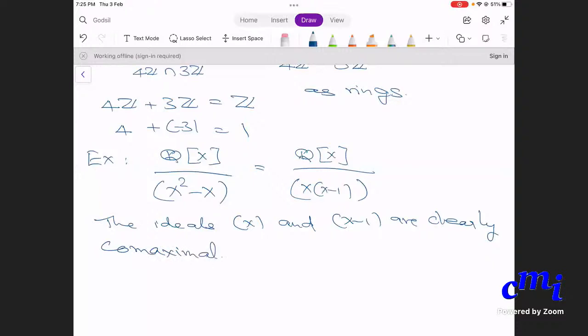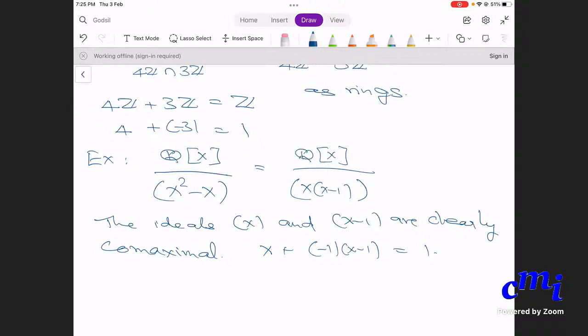I hope it's clear to everybody that these two ideals are co-maximal, obviously, because x plus minus 1 times x minus 1 equals 1. Obviously, I can get 1. If I give you x and x minus 1, certainly you can get 1 by combining them.